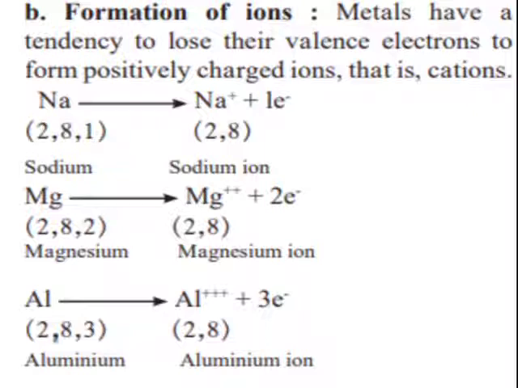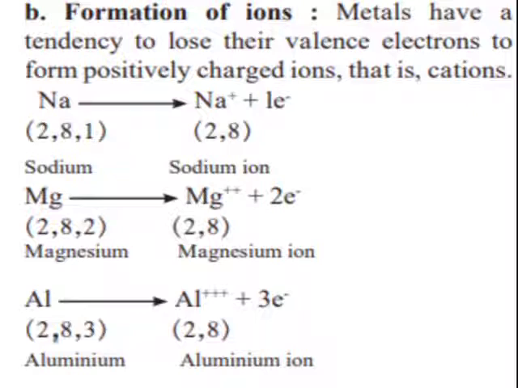For magnesium, the electronic configuration is 2, 8, 2. That means it contains 2 electrons in its outermost orbit. So it is easy for magnesium to give away 2 electrons. After giving 2 electrons, magnesium carries 2 positive charges. So Mg2+ plus 2 electrons, it is called the magnesium ion.